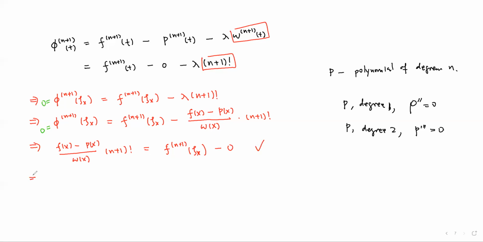Now let me rewrite the equation, then finish the proof of the theorem. Move w(x) to the right side, and n plus 1 factorial to the right side. Then we get this, times w(x). What is w(x)?